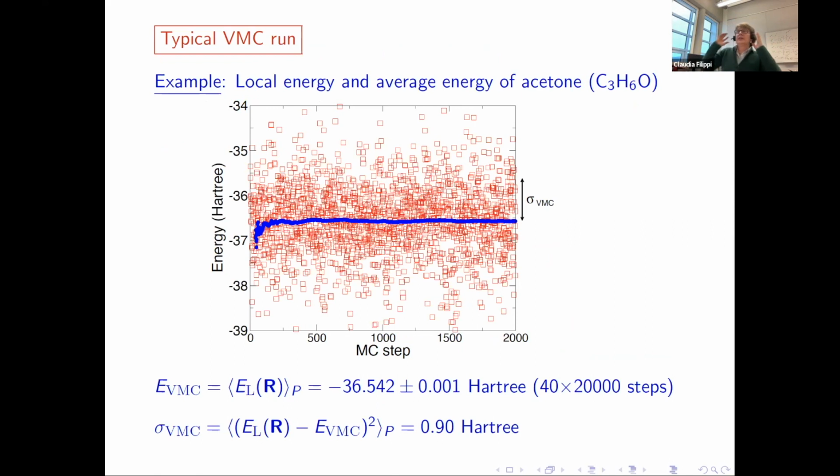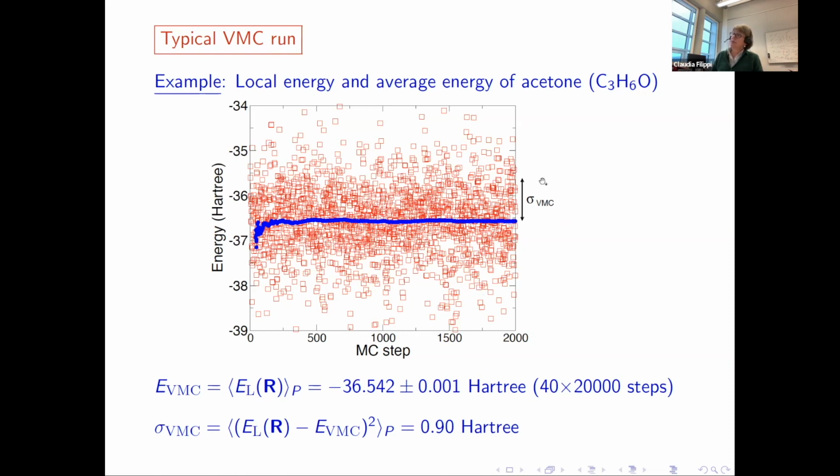So this is how a typical variational Monte Carlo run looks. On the x-axis is the Monte Carlo step. Here we are drawing a lot of samples, and the blue line denotes the cumulative average, and these are the local energies. You can see they're fluctuating a lot. This is acetone, and the scale is quite large.